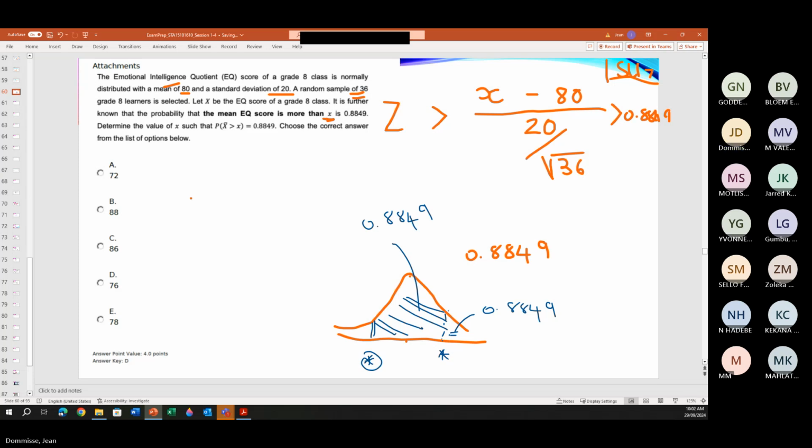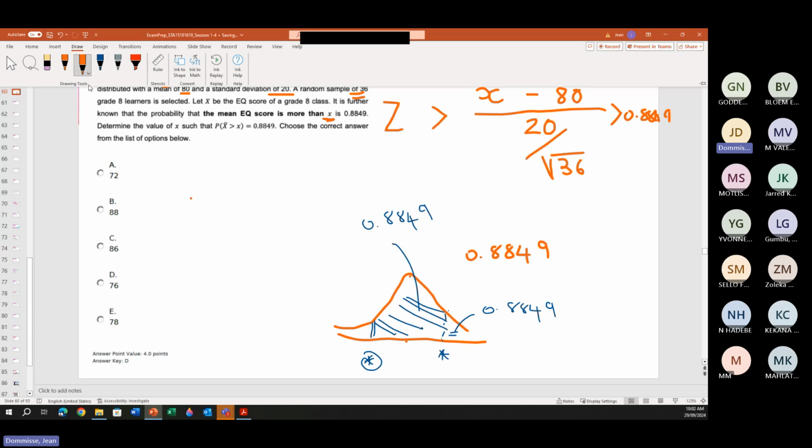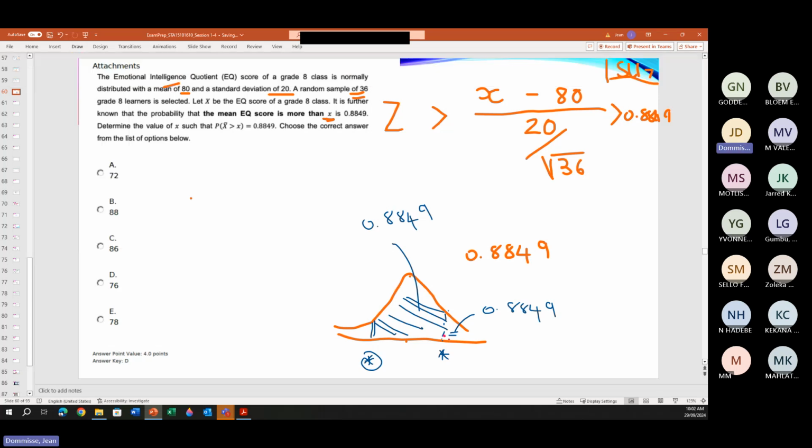And this area, when I have drawn it, I could now see, okay, there's no way that can be 0,8849 because this whole area is 1, so this is a small area. So what I'm actually looking for is that Z will be on this side and this whole area will be equal to 0,8849. So this small area then is 1 minus 0,8849.